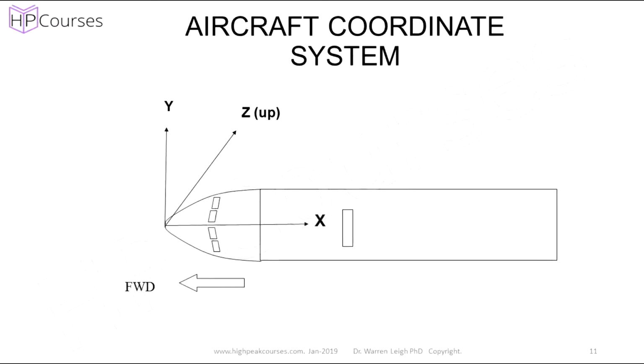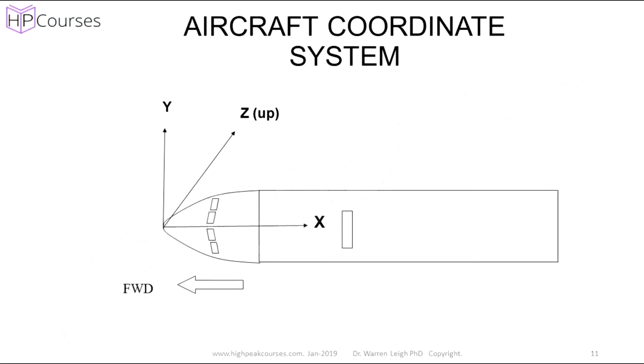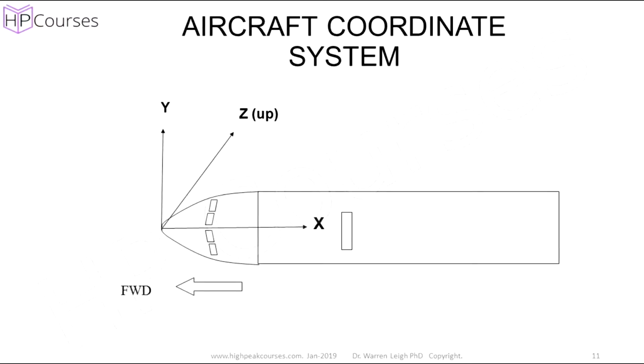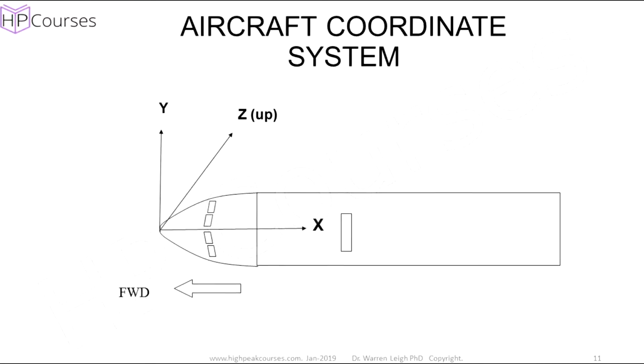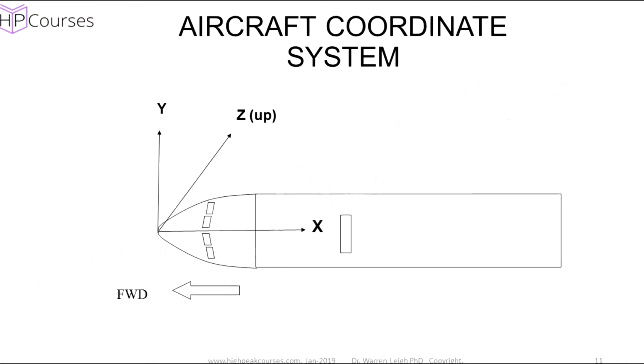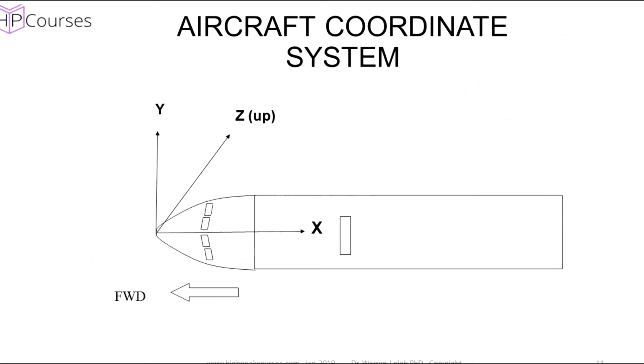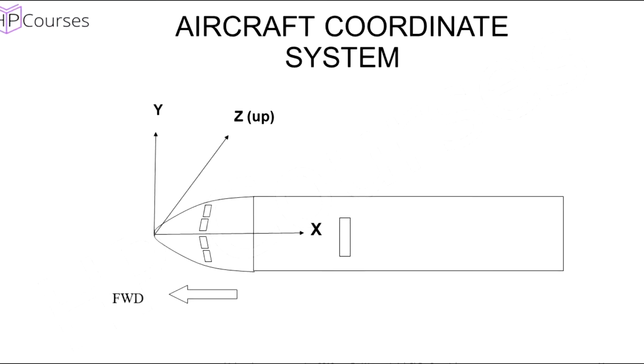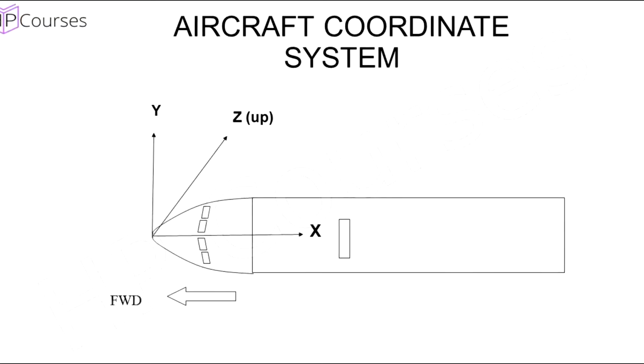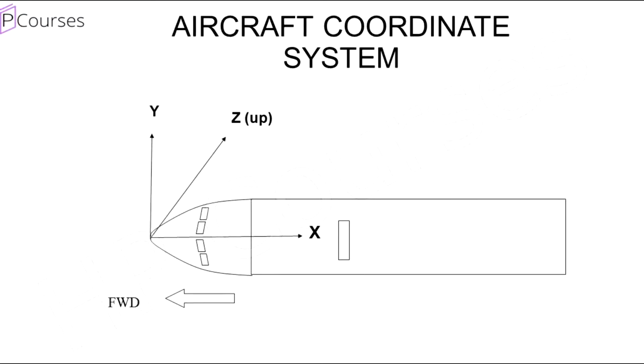Now, the aircraft coordinate system. As we proceed from the cockpit, from the nose of the aircraft back to the rear, that is a positive x-axis. The y-axis is on the starboard side, positive, and positive z is in the vertical up direction.